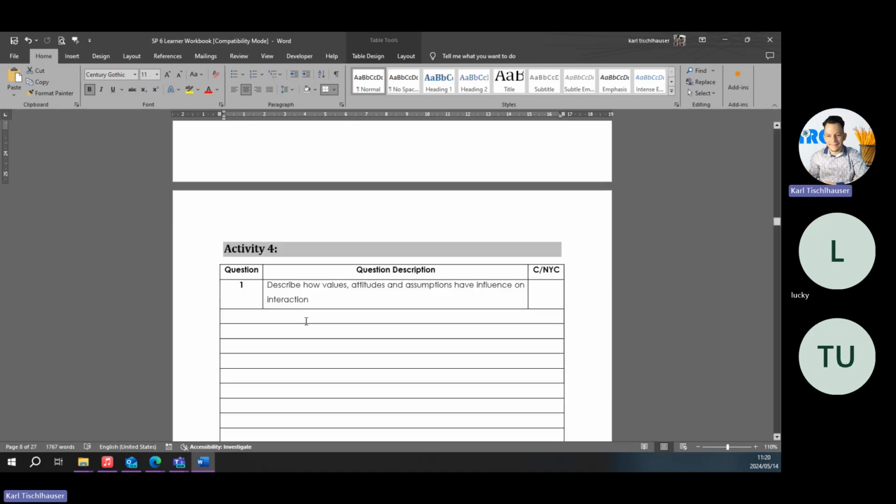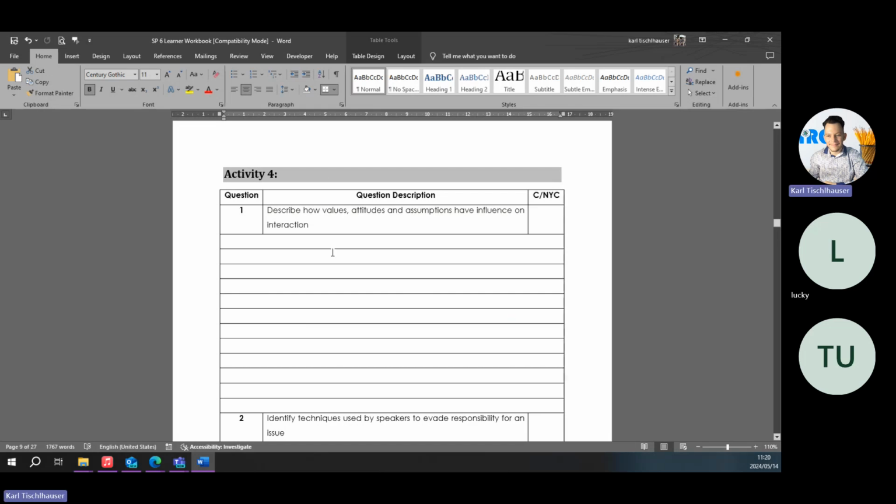Okay. Activity 4 says describe how values, attitudes, and assumptions have an influence on interaction. So how do our values, our attitudes, and our assumptions? Remember, values are things we carry with us. Values are taught to us when we're at a very young age. We're taught certain things like, for example, it's wrong to steal, it's wrong to swear at people, it's wrong to hurt other people.